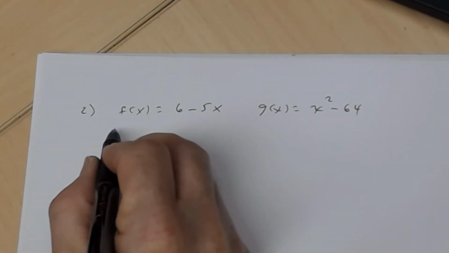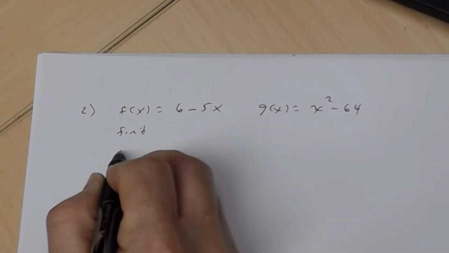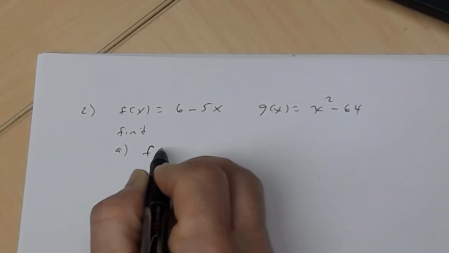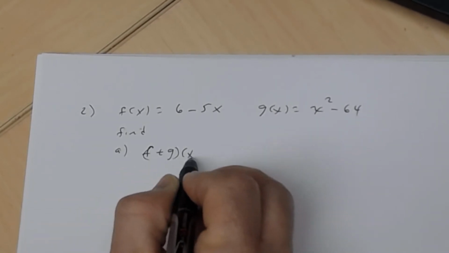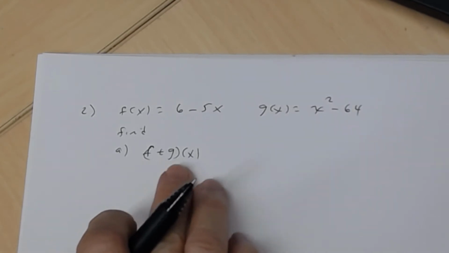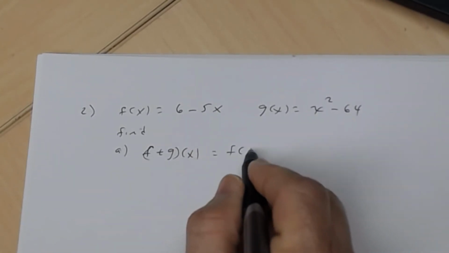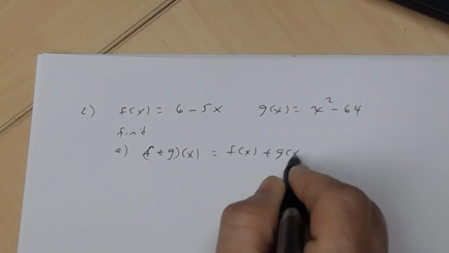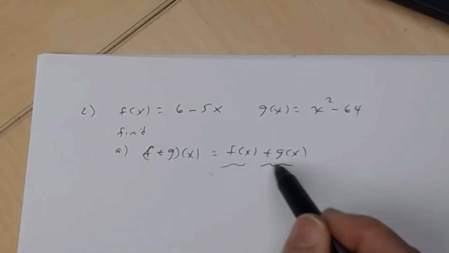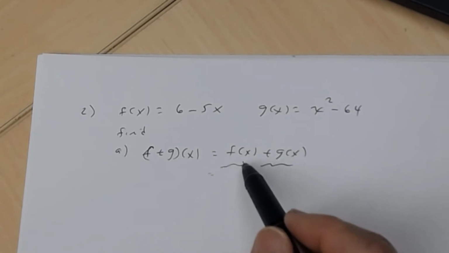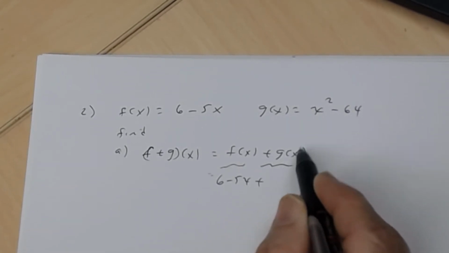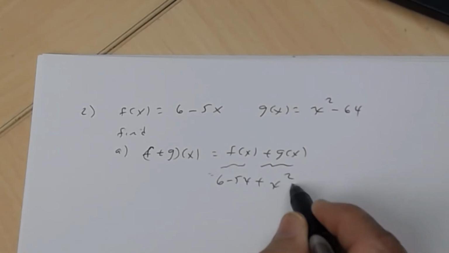Okay, now let's find a. F plus g at x. Well, remember, by definition, that means f of x plus g of x, right? And then at that point, remember, that's where you actually state what each of these are. So f of x, remember, 6 minus 5x plus g of x is x squared minus 64.